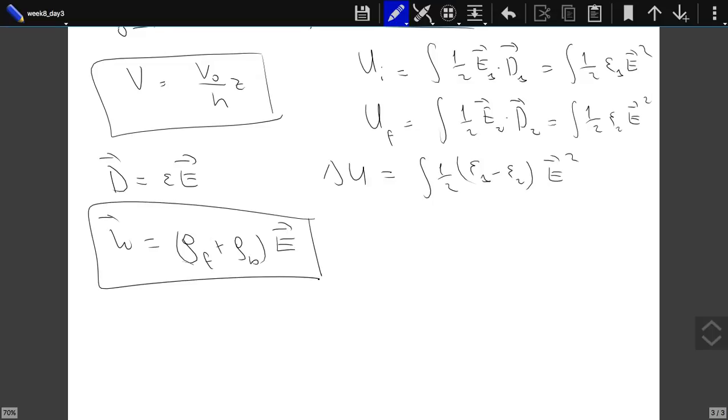Now the question is, why doesn't this work? Maybe it does work. How can we show?